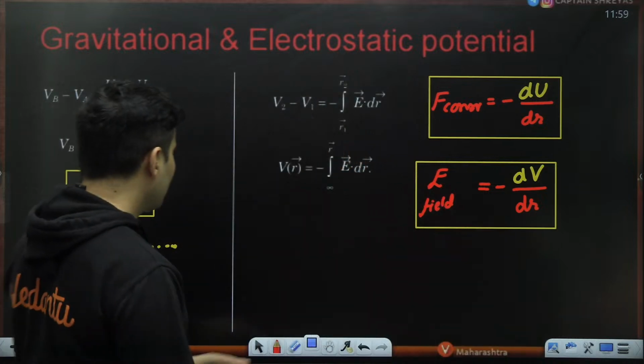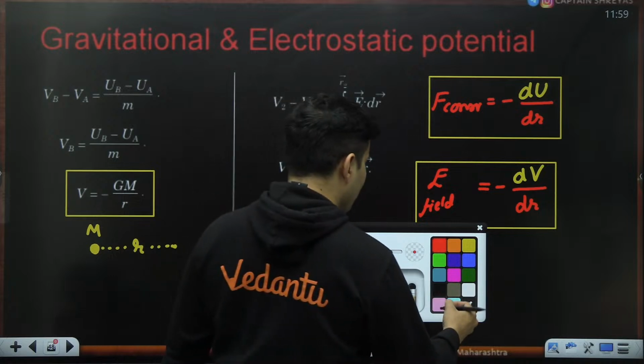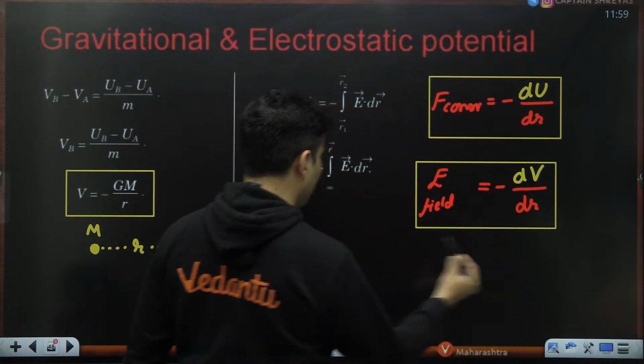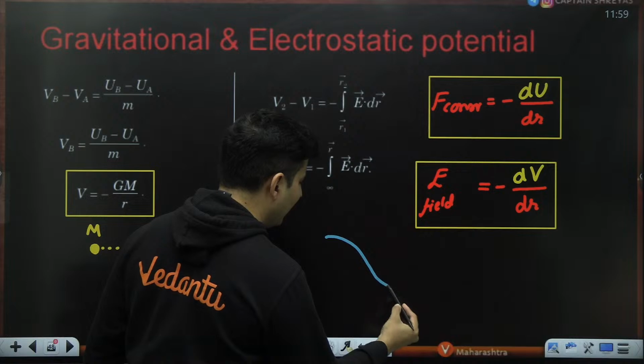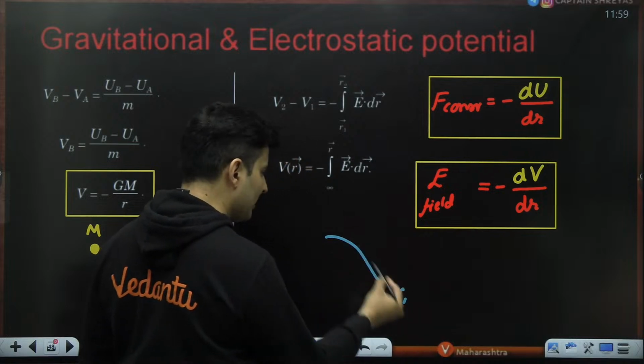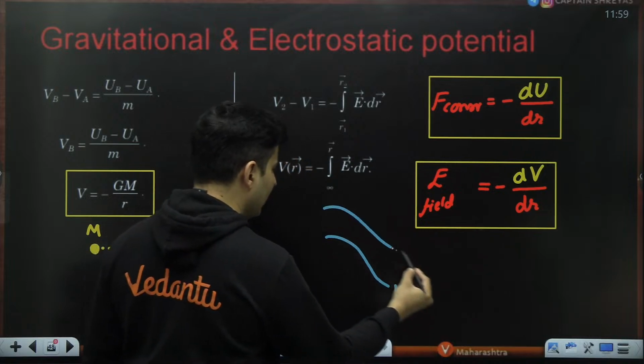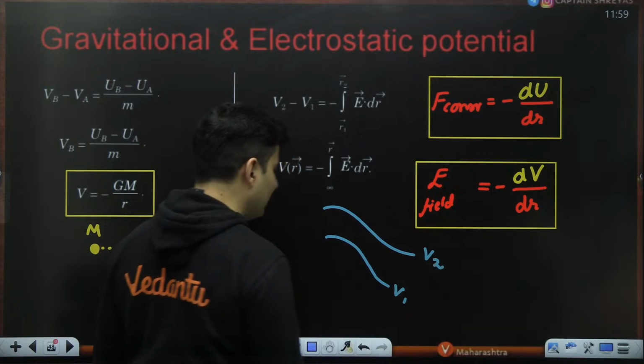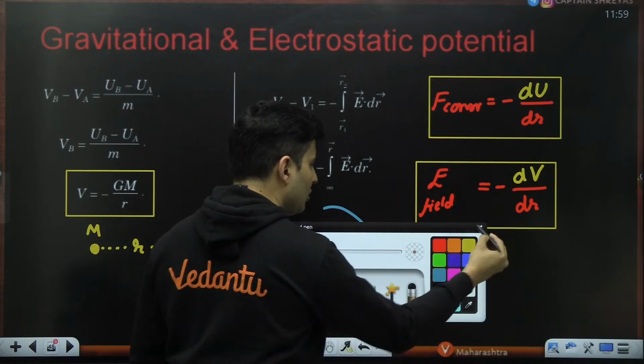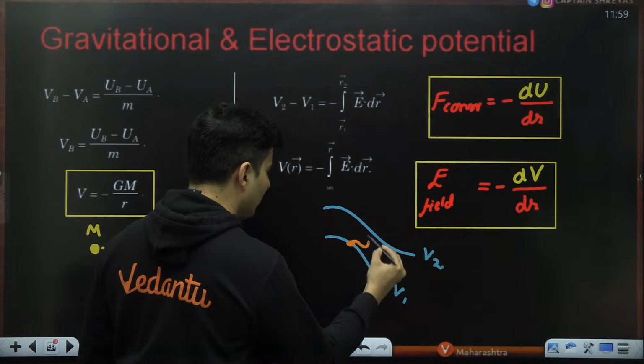There is also one more formula which you should know. Say there is a line on which the potentials are the same; that is called an equipotential line. Another line is there where the potential is V2. You take a charge from this point to this point, and it doesn't matter what the path is because it's a conservative force.